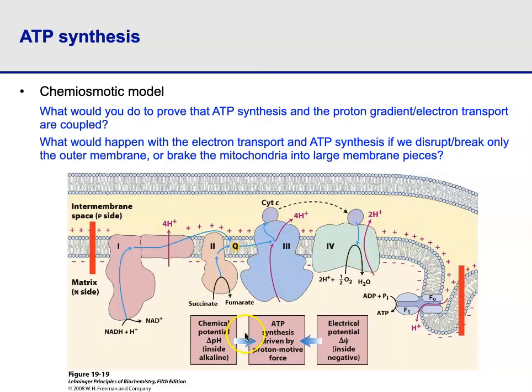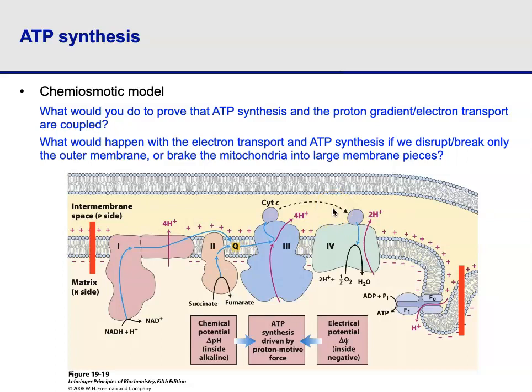Protons will be moved out of the matrix into whatever space is outside. Now what would happen with ATP synthesis? Well, if we don't have the outer membrane, then this intermembrane space will no longer exist. This basically will be the cytoplasm, or basically the buffer if we're doing this in an in vitro environment. There will be no gradient.